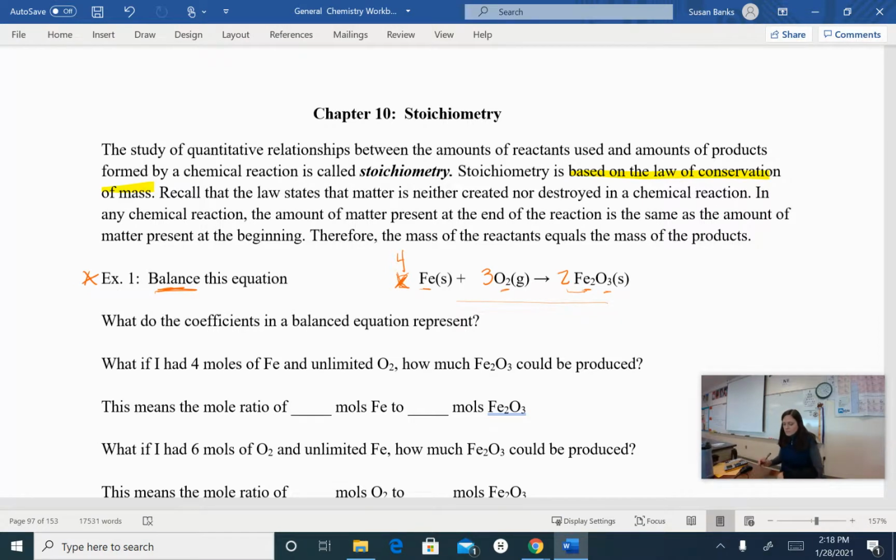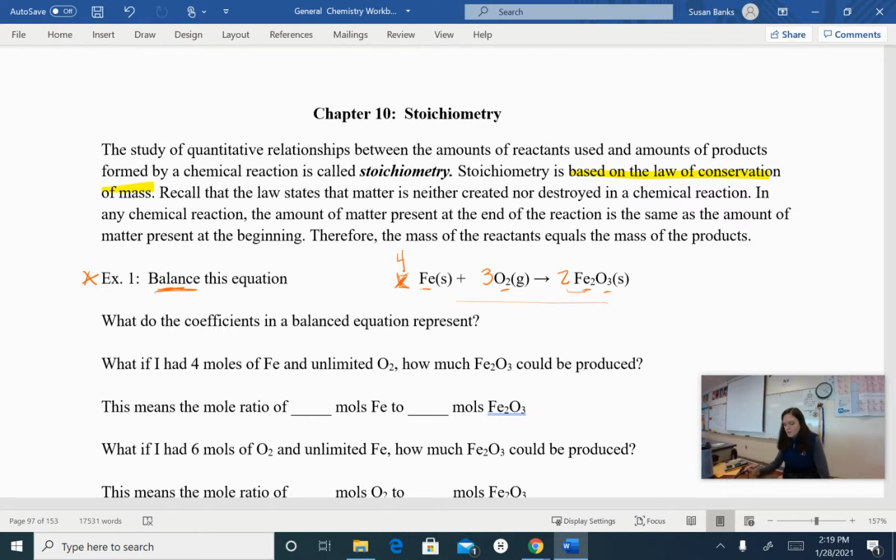So I want you to think about this. These coefficients that we put in, the 4 in front of the iron, the 3 in front of the oxygen, and the 2 in front of the iron oxide, what do those coefficients really mean? What do they represent? Think about it for a minute. Okay, hopefully you thought of one of 2 things.